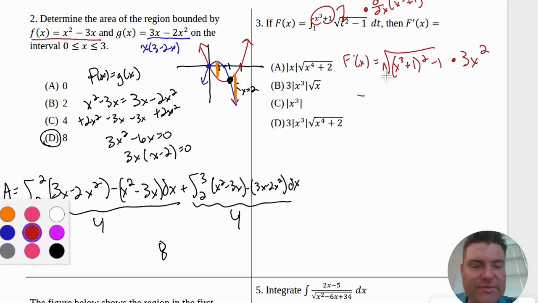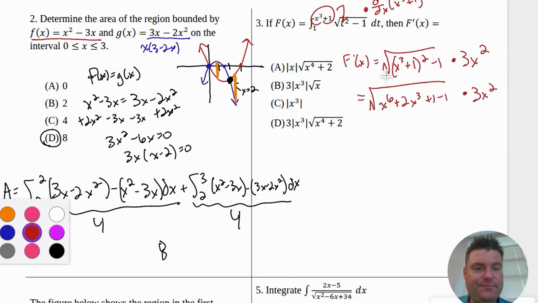This does not look like one of my answers, so it's not a big deal. I can go ahead and use my arithmetic skills. I'm going to get x to the 6th plus 2x cubed plus 1 minus 1 times 3x squared, which is going to leave me with the square root of x to the 6th plus 2x cubed times 3x squared.